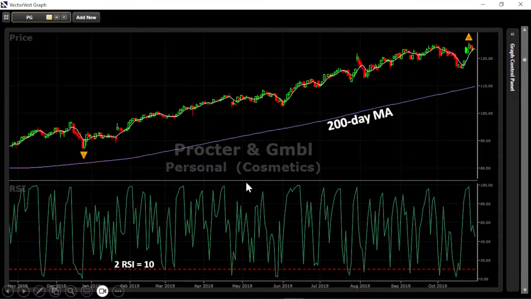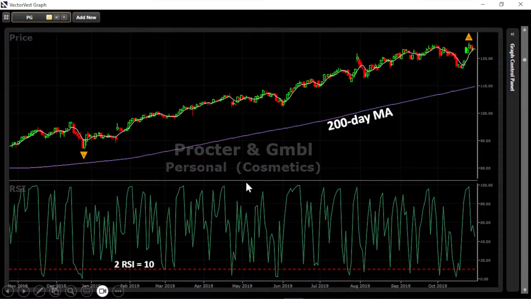When you start to change the look-back periods of an indicator, you have to adjust those extreme levels. So what he did was he shortened the look-back period from 14 days to a 2-period RSI, and he also lowered the extreme level from 30 to 10. Again, if you're asking why he did that, it's likely because it worked out the best.